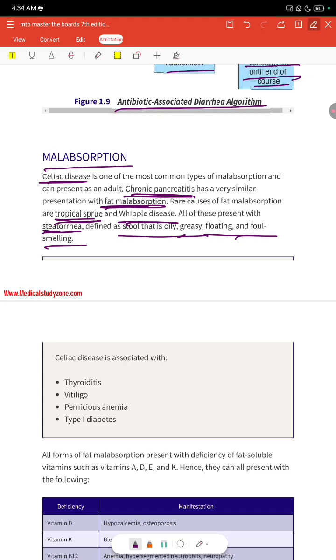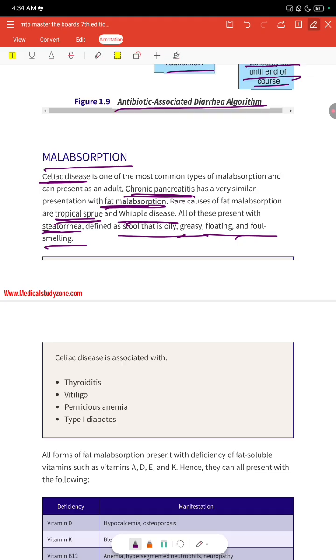Celiac disease is one of the most common types of malabsorption and can present in adults. Chronic pancreatitis has a very similar presentation with fat malabsorption, and rare causes of fat malabsorption are tropical sprue and Whipple's disease. You can go and check First Aid for it.